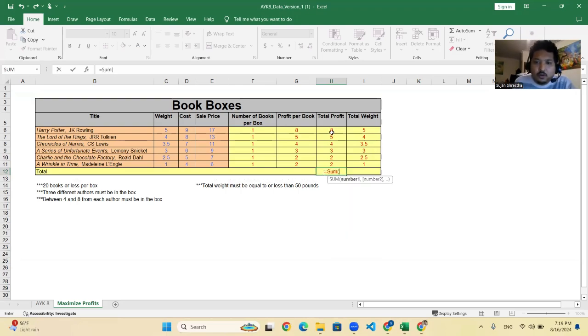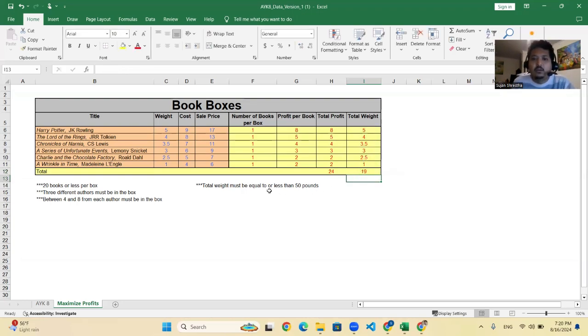I will sum all these rows to display the total profit. Right now if I choose one book each, I will get $24 in profit. Let's calculate the weight too. The weight will be 19 pounds.